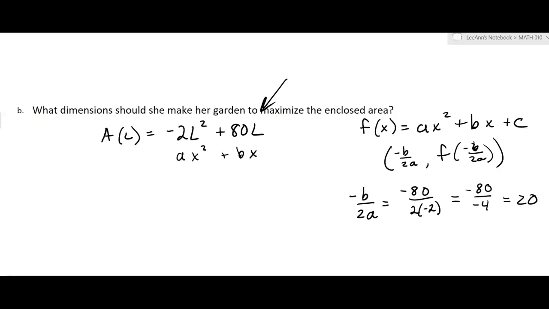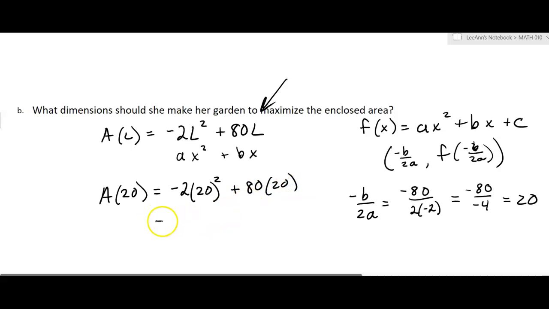Now I want to find A of 20. That's going to be my input. So what do I get? Well, 20 squared is 400. That's going to be 1600, right? Oh, you know what?